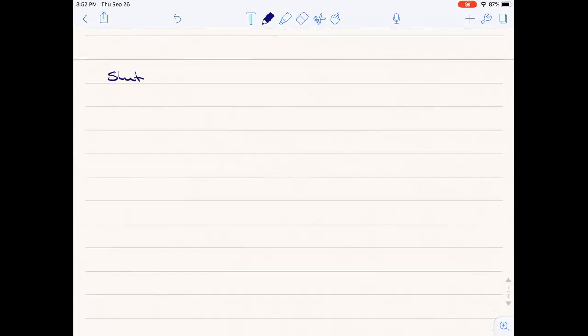So the shutdown point, I'll write it more carefully. The shutdown point is the point where a firm is better off not producing anything at all, right? Just absorbing all the fixed costs and moving on.